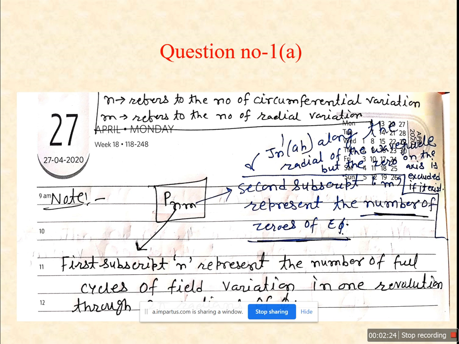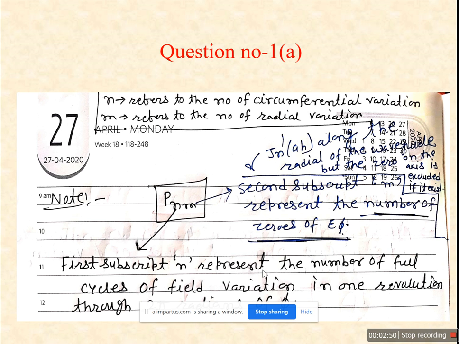M refers to the number of radial variations. But in a rectangular waveguide, M refers to the half sinusoidal wave in x direction, and N refers to the half sinusoidal wave in y direction. Here, in the circular waveguide, N refers to the number of circumferential variations and M refers to the number of radial variations. Always write in the first case that if the mention is circular waveguide, you must be concerned about this.